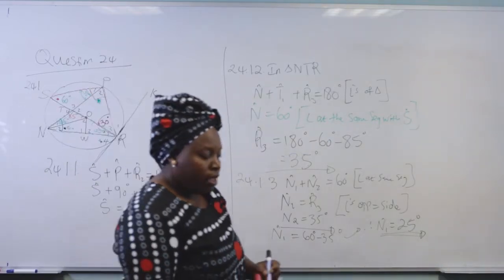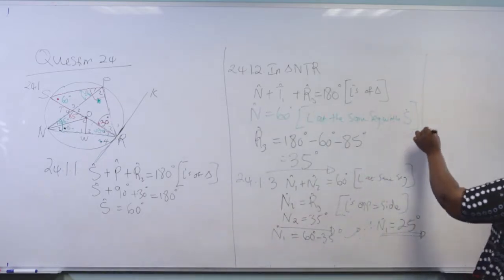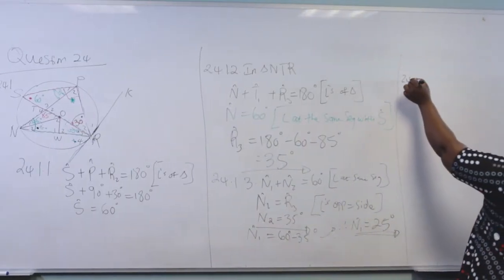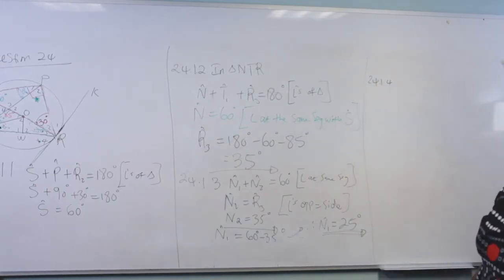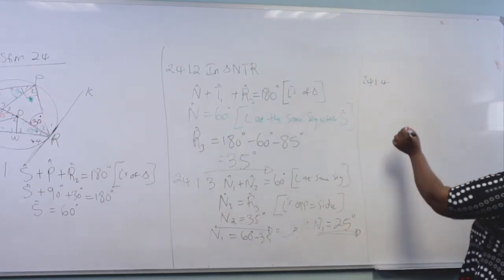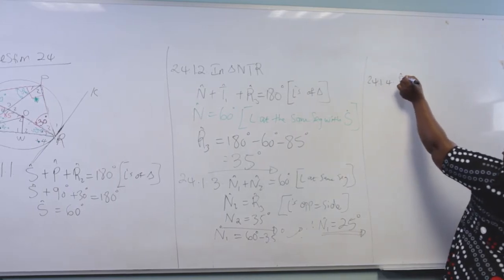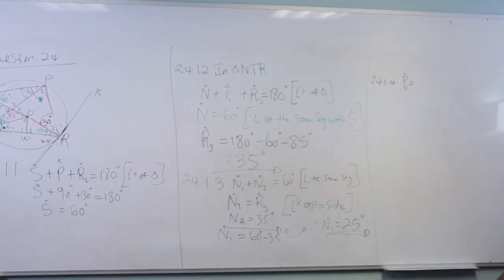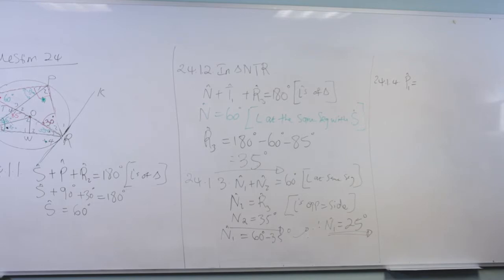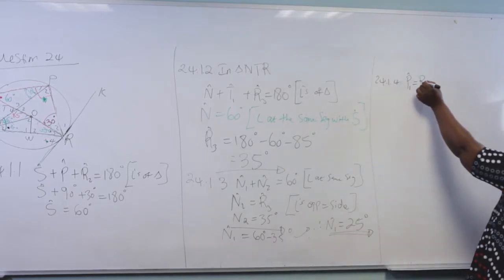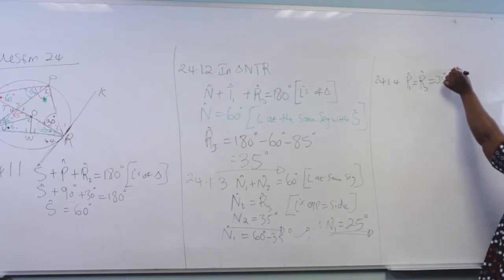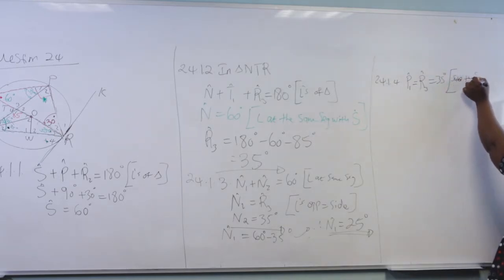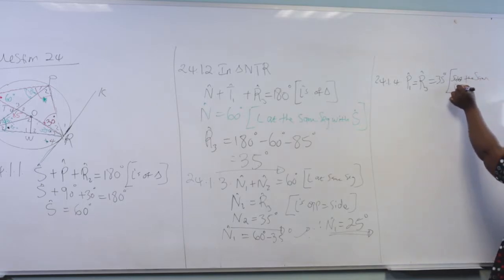Okay, so let's write that. So we are saying that P1 is equals to R3. So if P1 is equals to R3, it will be equals to 35 degrees because it is subtended by the same arc.